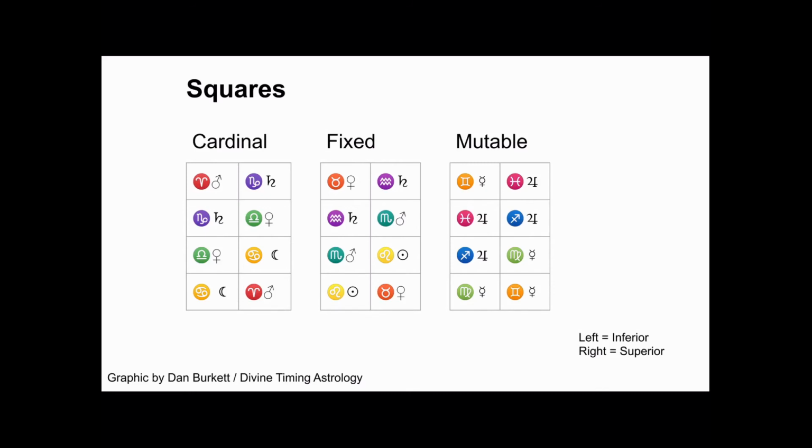But there's something about looking at some of these patterns. I just made this today. I've never noticed some of these patterns before, when you see these inversions between cardinal and fixed, and there's a hidden symmetry to the system, and I think this only works if you use traditional rulerships.